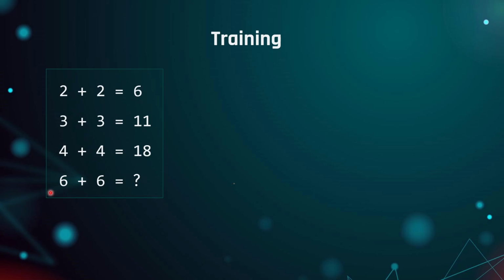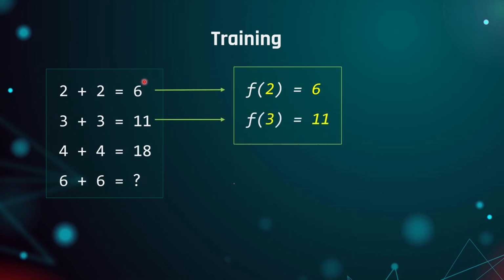So let us try to understand this pattern a bit more. A particular statement, we can write this as a function that takes as input the value 2 and produces the output 6. Similarly, the second statement we can write as a function that takes as input 3 and produces an output of 11.